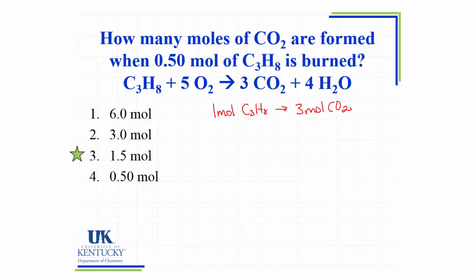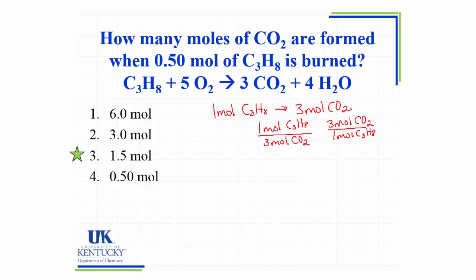We can set this up as a ratio by saying 1 mole of C3H8 over 3 moles of CO2, or if need be, we can invert this relationship to say 3 moles of CO2 to 1 mole of C3H8.